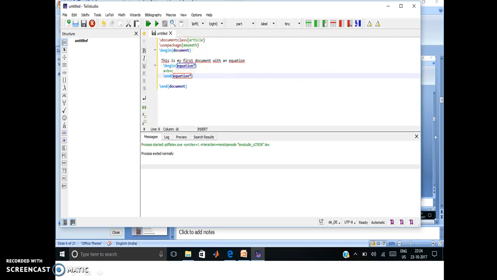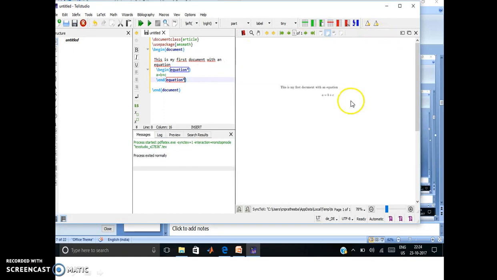Let us see how we do this. You can see an asterisk symbol here. When you have an asterisk symbol after equation, you should also have it after the end statement. Now when you do this, you can see that the equation number is removed. So we can have equations with numbers or without numbers by just using this asterisk symbol.